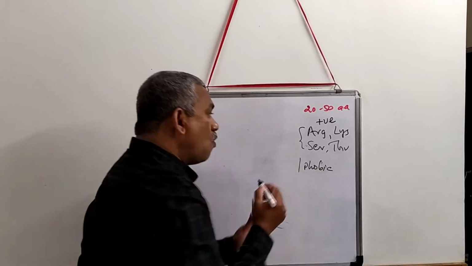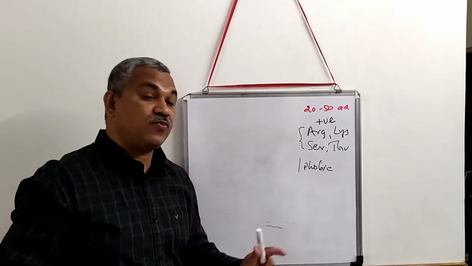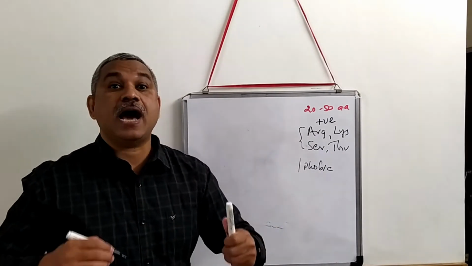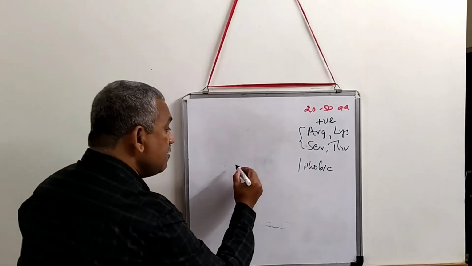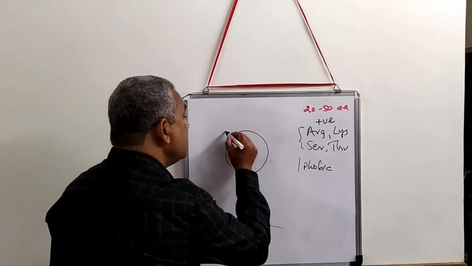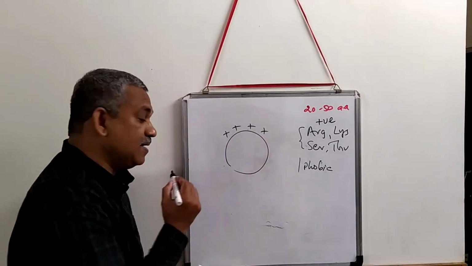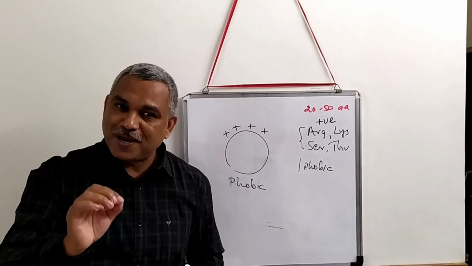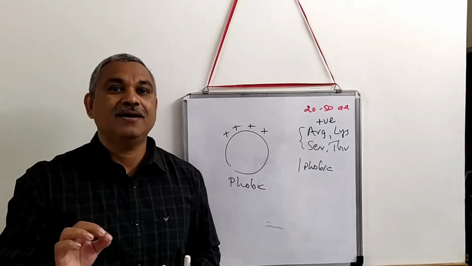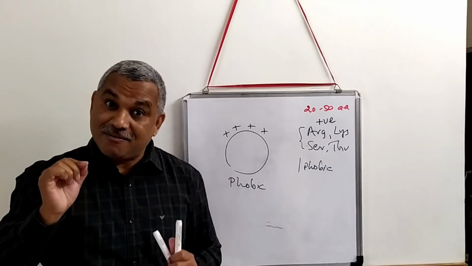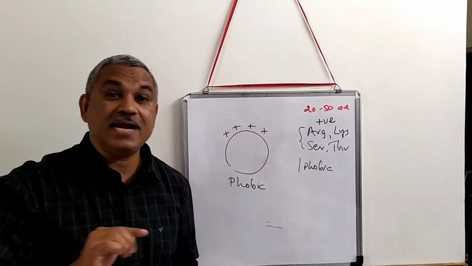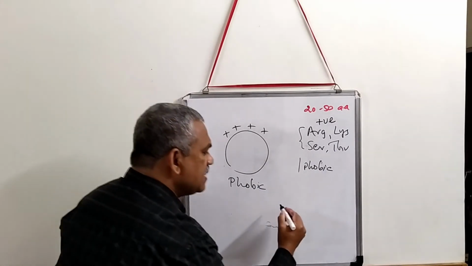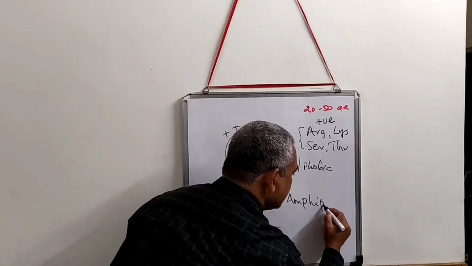So in the combination of these positively charged as well as hydrophobic amino acids, when you make the alpha helical wheel, it will give a positive charge on one side and a hydrophobic character at the other end. We have explained in a video how to make an alpha helical wheel. So on one side it is a positive charge and on the other side it is hydrophobic in nature, and we say that this is amphipathic.